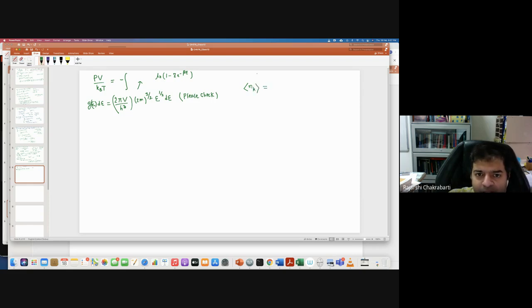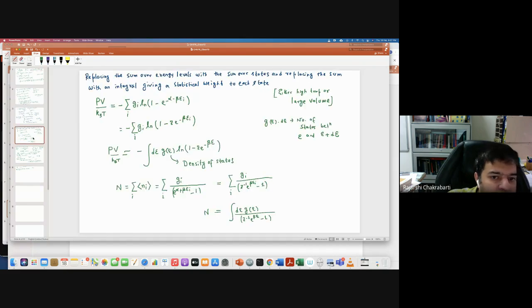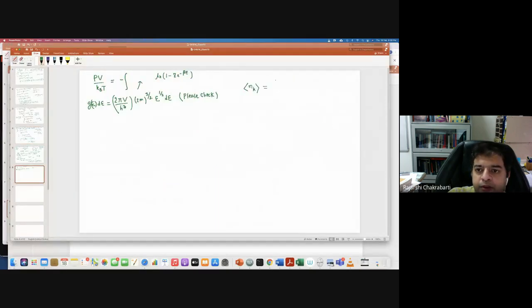If I assume g, I just don't take g. If you want, you can take g. Doesn't matter. If I go back to this expression, this is the expression. I can multiply this with z exponential of minus beta epsilon k, I'm using k here.